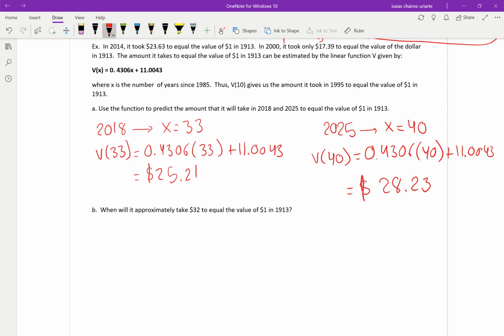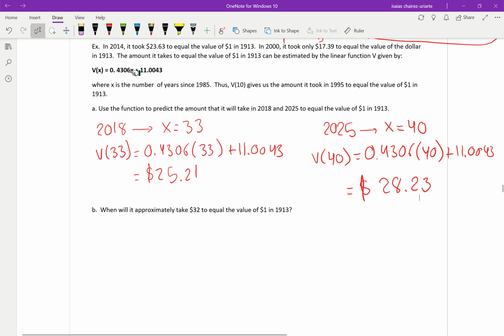I think this last part is what's a little tricky. So when will it approximately take $32 to equal the value of $1 in 1913? So what year? To set this up, instead of plugging something into my function, what they've given us is the y value. Remember, the y value is the v of x. They've told us v of x is 32.